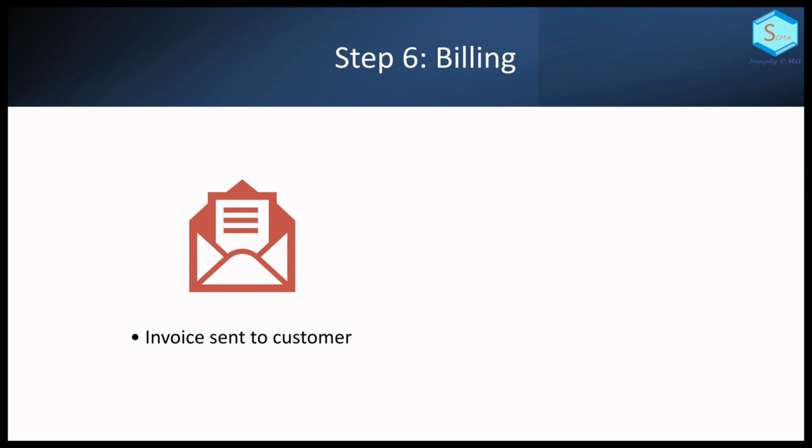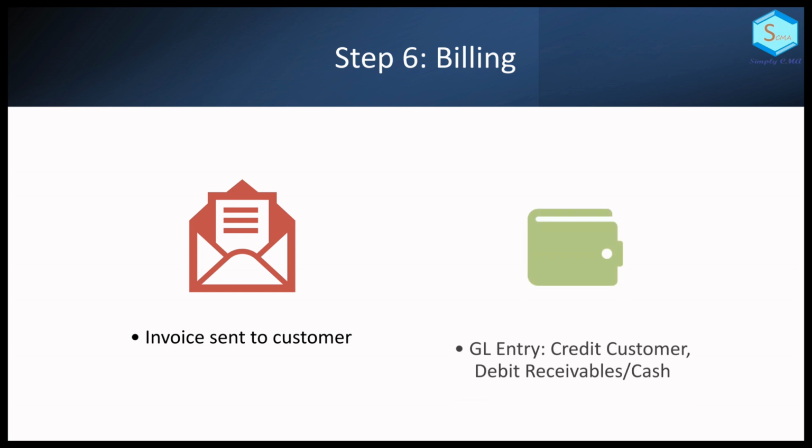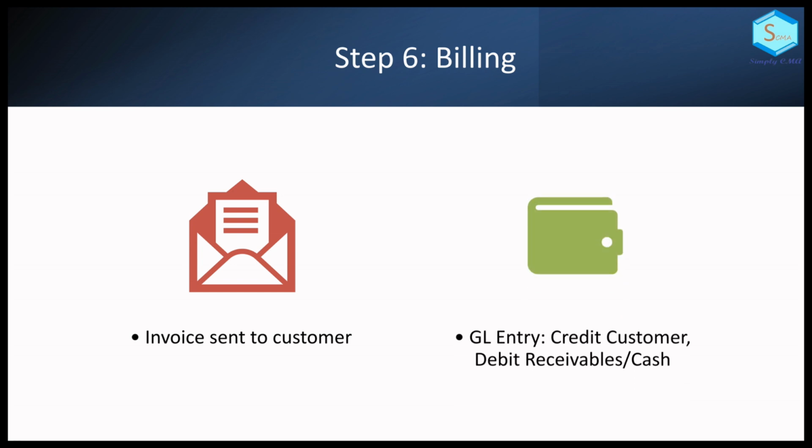Next is billing. Billing is the process of issuing an invoice to the customers. Once the bill is sent, additional accounting entries are made. What are those entries? The customer account is now debited, showing that the customer owes the company.